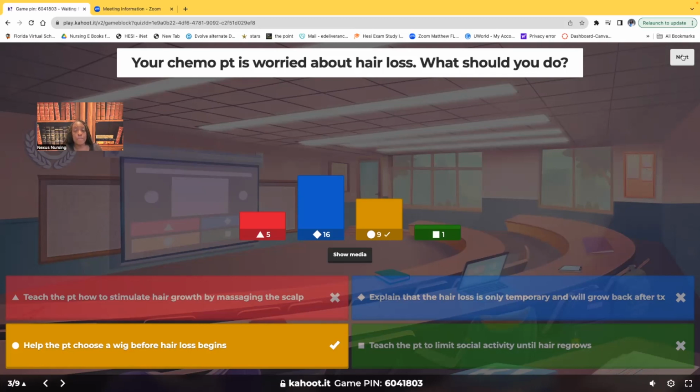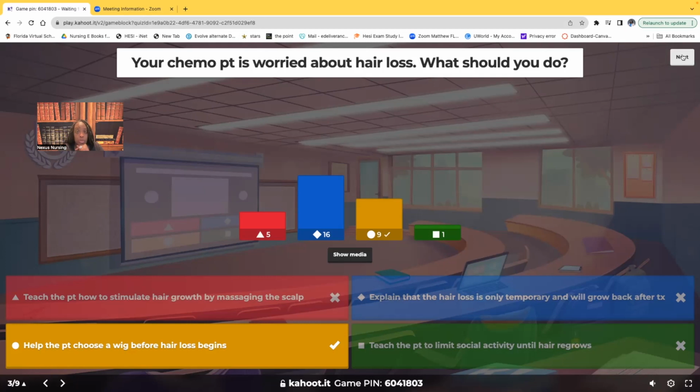So it is important that you help that patient to choose a wig that is a similar color, similar style, and similar consistency of hair to what they have right now, so that when the hair loss does occur, they can still feel comfortable in their skin. They have a wig that most resembles what their hair looks like now.